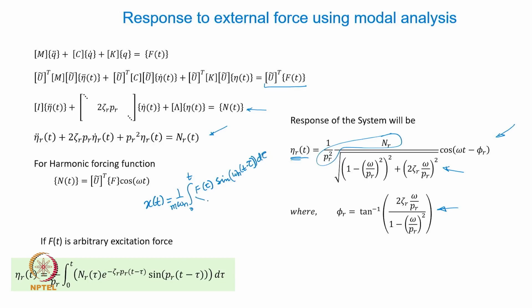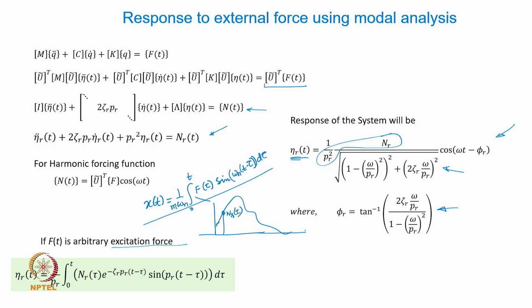If there is damping, then of course the exponential term will appear in addition to that. So, this is basically what we had already seen for an undamped case. So, in modal coordinates, eta r for an arbitrary excitation force, where the force itself is varying arbitrarily as a function of time, this basically is eta r of tau.